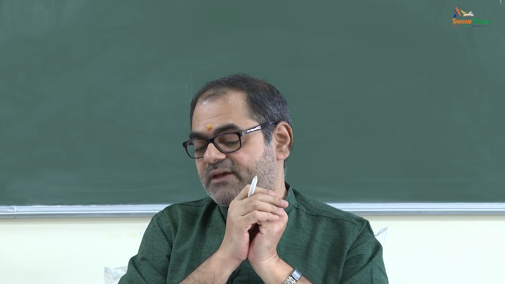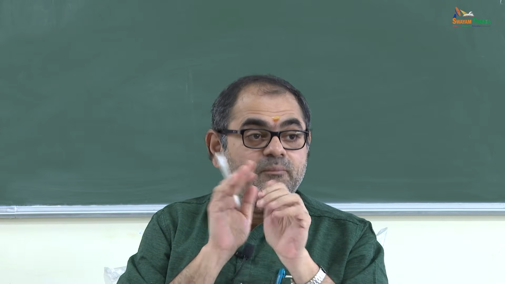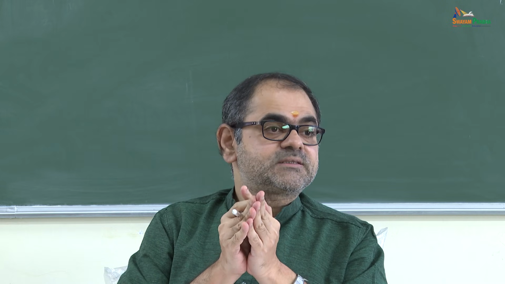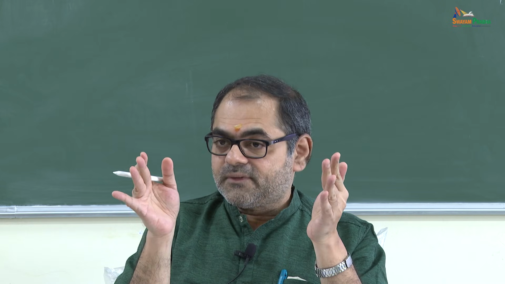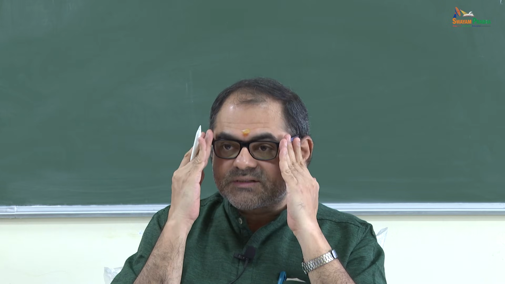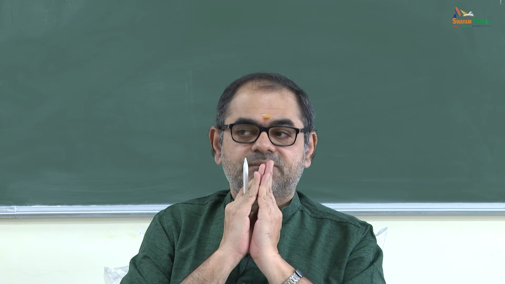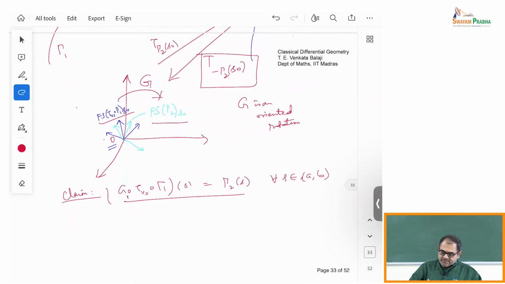It rotates T V0 circle gamma 1 and moves it to gamma 2. That is the statement. Why that is true is because both of them are solutions to the same Frenet-Serret differential equation with the same initial conditions. So G1 circle T V0 circle gamma 1 of s is the same as gamma 2 of s.